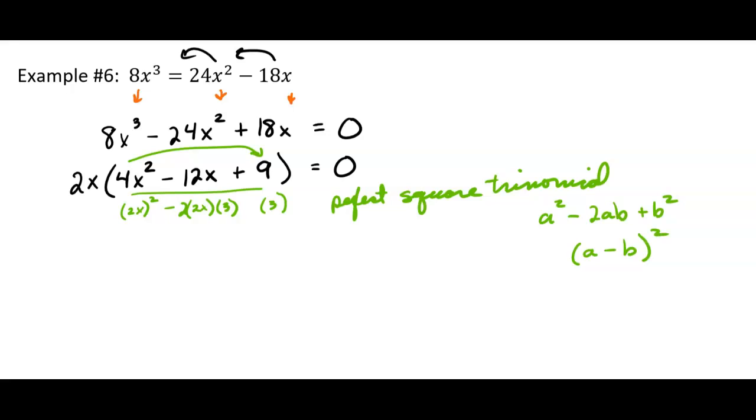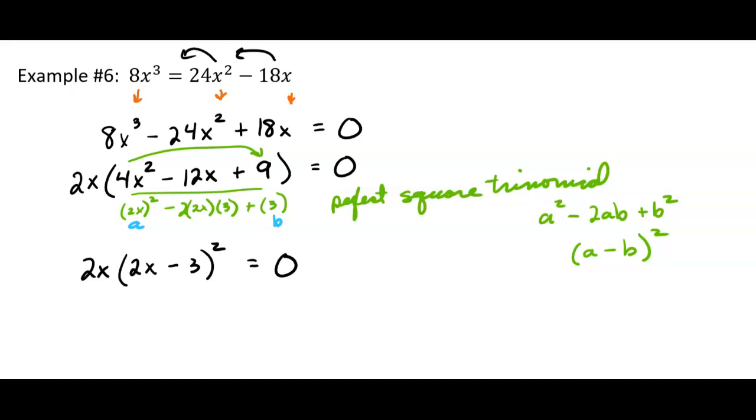Okay, so that's what's going to happen here, and this is my a, 2x, and this is my b, 3. Okay, so we have 2x out front. That was our greatest common factor. And then it factors into 2x minus 3 squared. You could use the AC method as well on this.